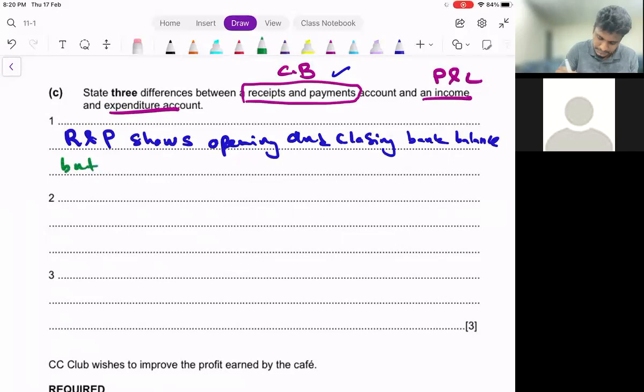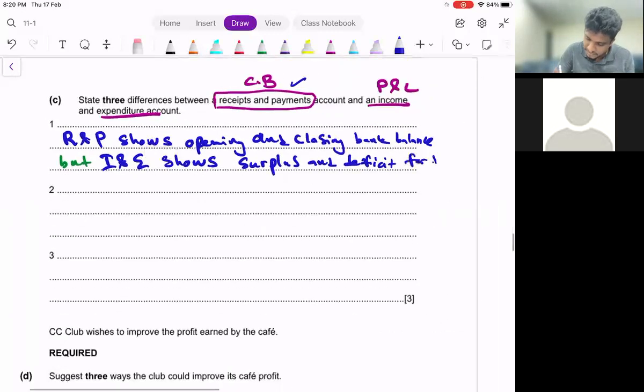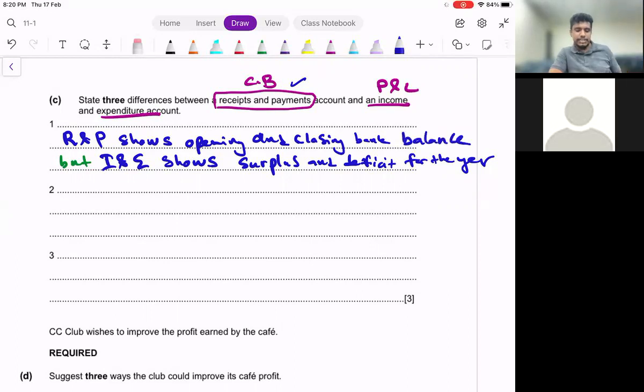But income and expenditure shows surplus and deficit for the year.